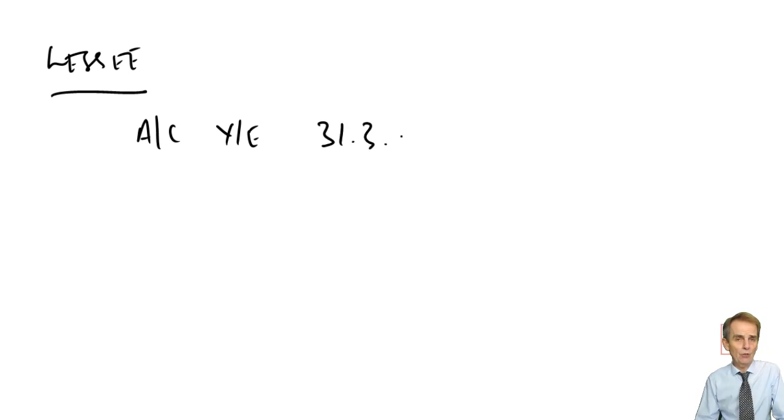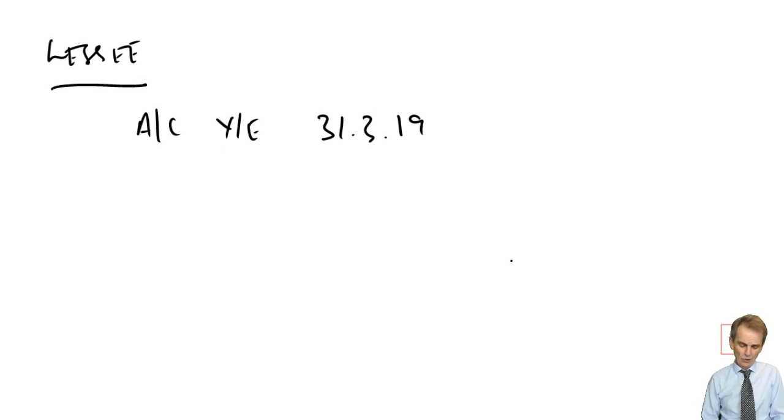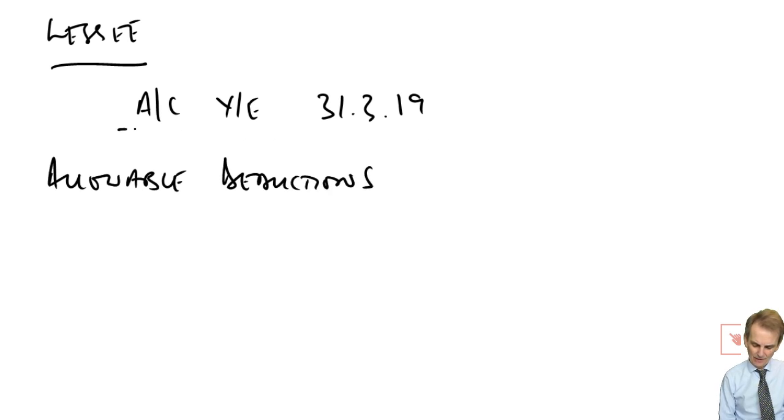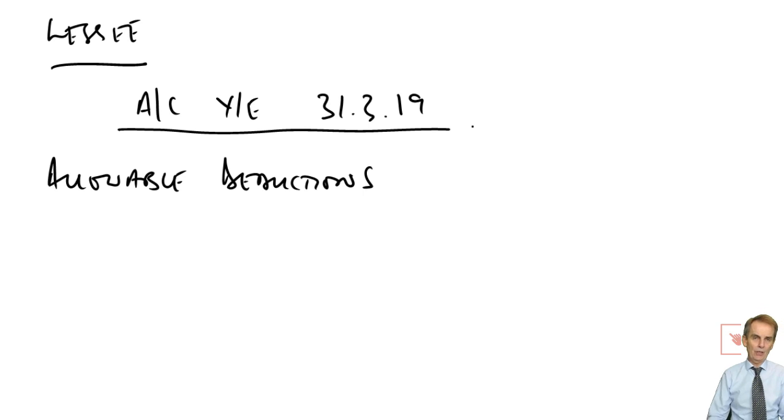So the 1st of January 19 would have been in the year ended the 31st of March 19. In the question they'll have told you the amount of premium that was paid and when it was paid, the length of lease, and also the annual rent for that lease period. What we've got to do now is work out what the allowable deductions will be in this year, the year ended 31st of March 19.